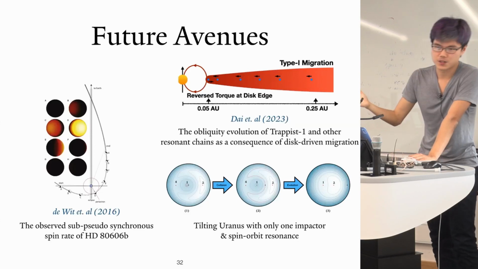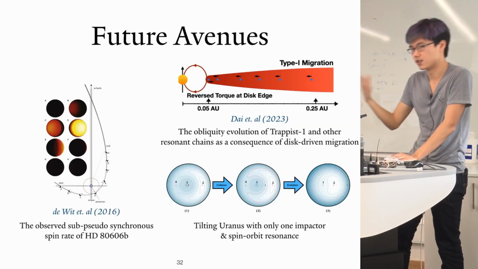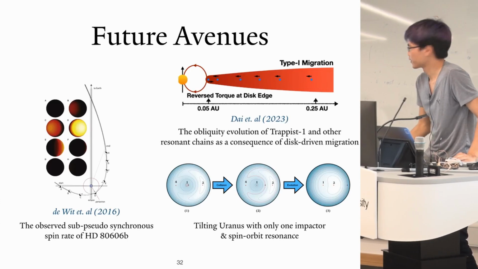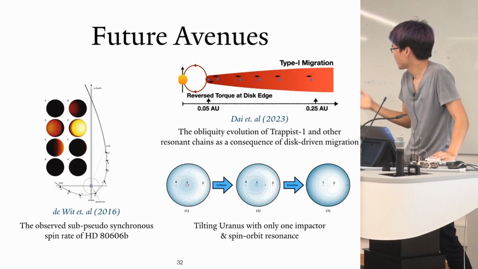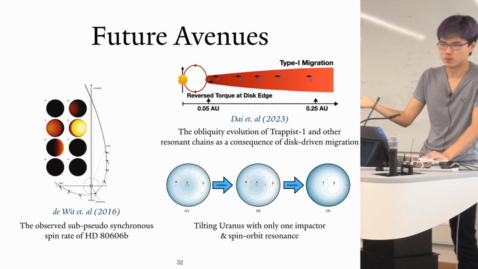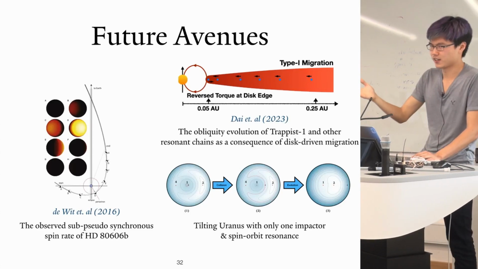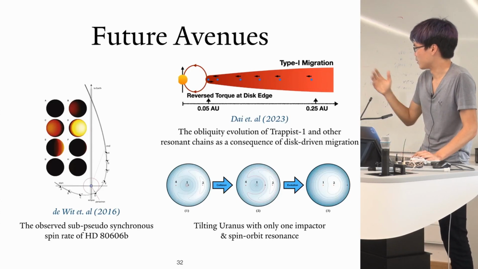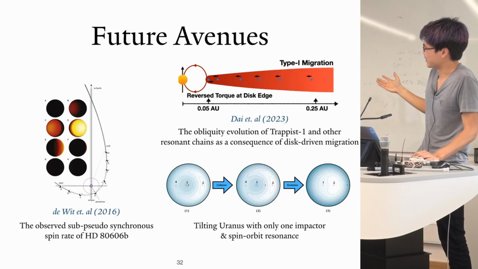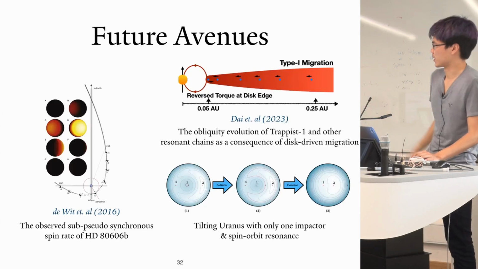It's believed that these systems were formed as a consequence of disk-driven migration. And if you recall the Millholland and Laughlin 2019 paper, this process may excite planetary obliquities. So a closer look at the obliquity evolution as a consequence of disk-driven migration is something I'm very interested in.